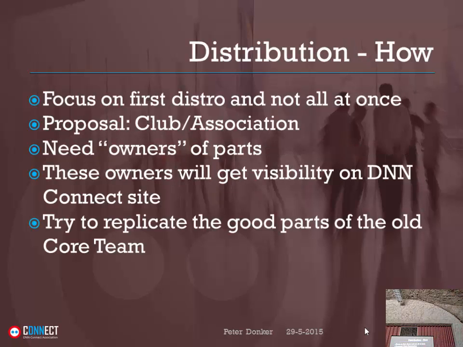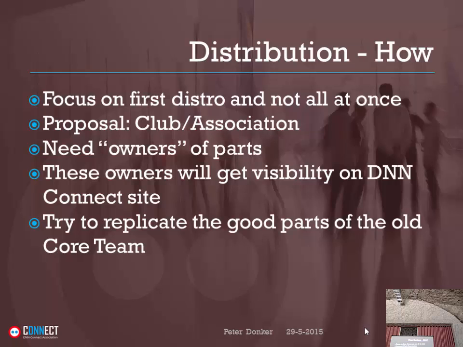So these are my thoughts on how we could do it, because you have to be practical at the end of the day. You have to come up with a plan. Most importantly, we'll try not to focus on creating 10 distributions at the same time, but pick out one that at least has some support from our community to get our shoulders under.